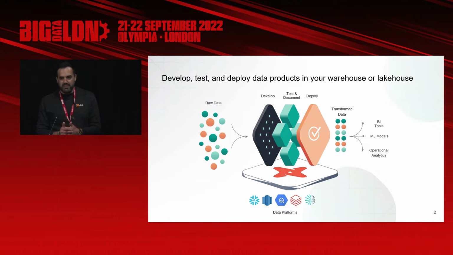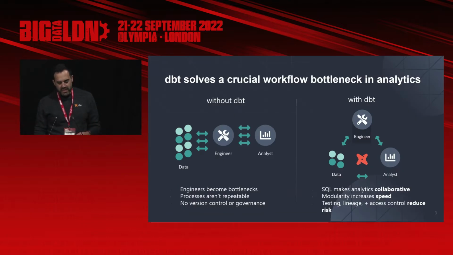Our magical power that we bring to the world is uniting people on SQL and then giving those people the tools to work like software engineers instead of data analysts. So the kind of problems that we solve, and some of the stuff that you'll hear from Tim's talk shortly: without DBT on the left-hand side, effectively you have data analysts that are frustrated by a lack of access to the transformation logic that occurs.